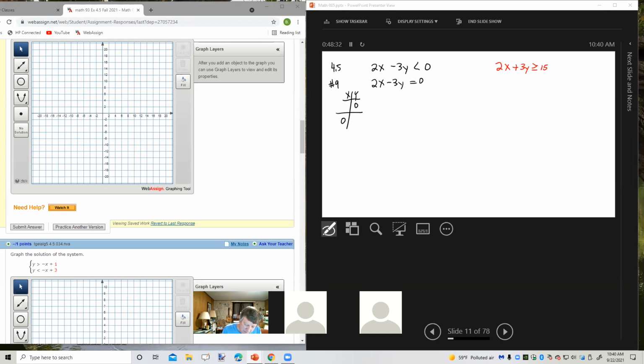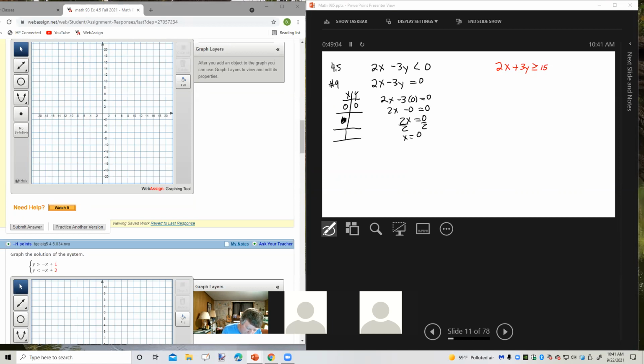If y is 0, I get 2x minus 3 times 0 equals 0. 2x minus 0 equals 0. 2x equals 0, divide both sides by 2, and x equals 0. So this inequality goes through the origin. So I'm going to have to use a different value to find my second point, because if x is 0, y is 0. If y is 0, x is 0.